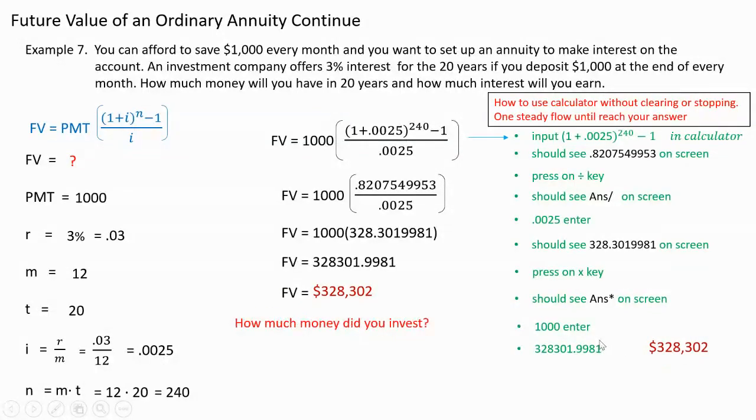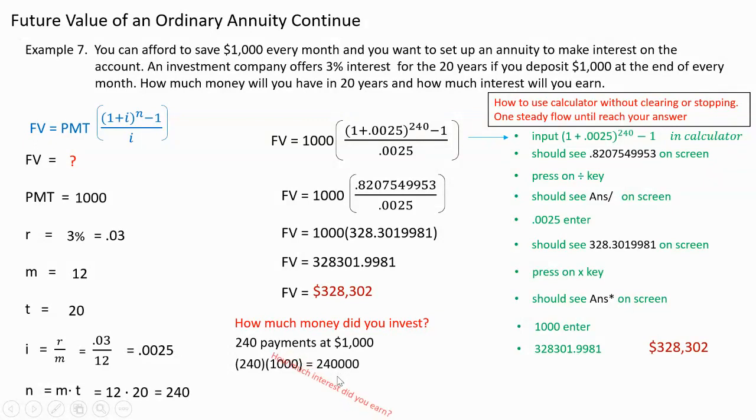Okay, now how much money did you invest? In other words, how much money did you put in there? And how much money did you earn in interest? So let's find out. How many payments did you make? There were 240 payments at $1,000. So you multiply 240 times 1,000. That gives you 240,000. That's how much money came out of your pocket, or how much money you actually put into the account.